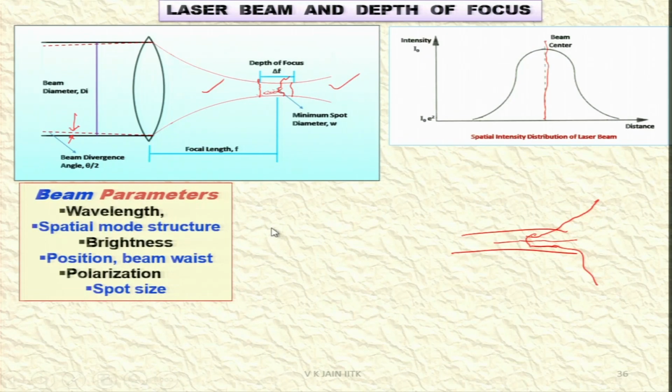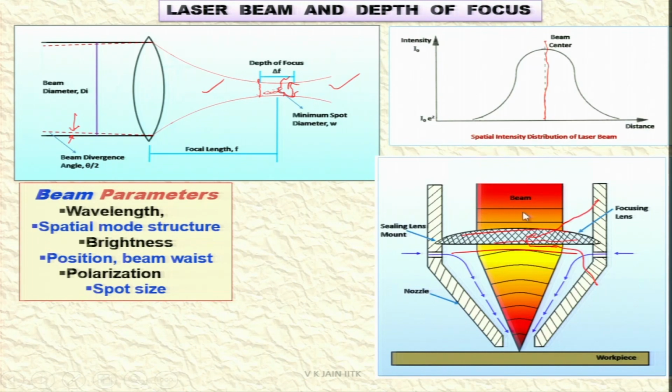So beam parameters: wavelength, spatial mode structure, brightness, position, beam waist, this part is known as the waist, polarization, spot size. This is the beam, you can see over here: focusing lens is there, beam is there, and this is focused on the workpiece over here, and nozzle is there.